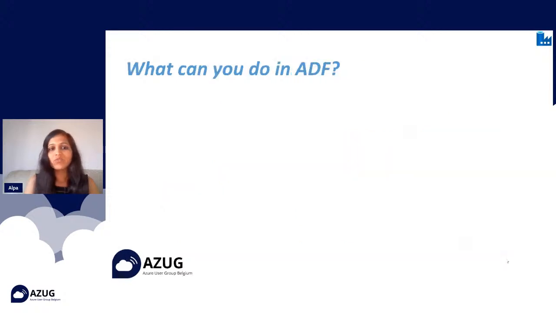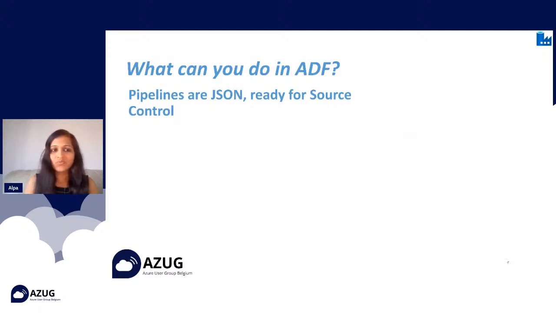Now let's move into what we can do in Azure Data Factory. As we know now, there are five components, and we create those components in Azure Data Factory. When you create them, you are not writing any code.